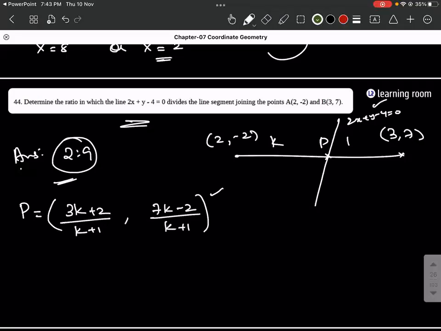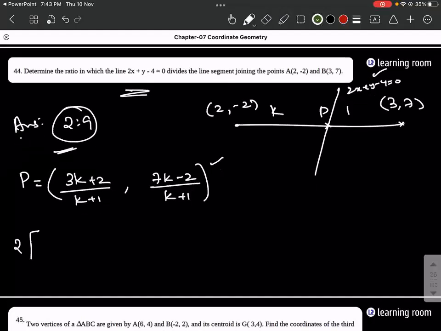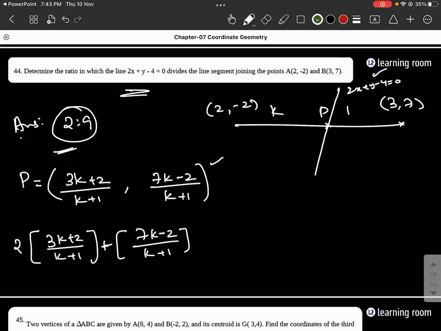So take this and substitute it here. So 2 into 3k plus 2 by k plus 1 plus 7k minus 2 divided by k plus 1 minus 4 is equal to 0.